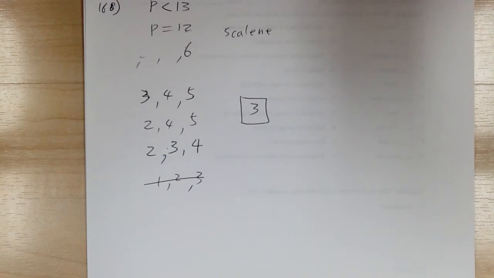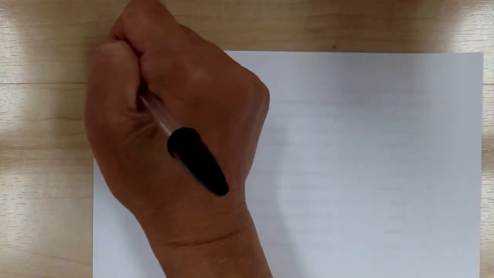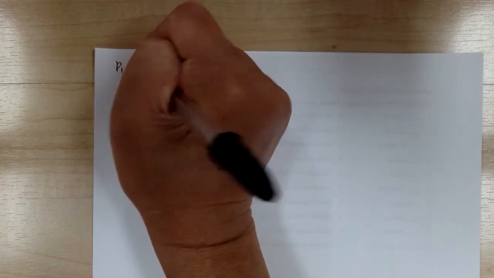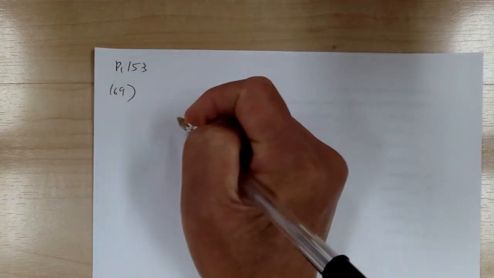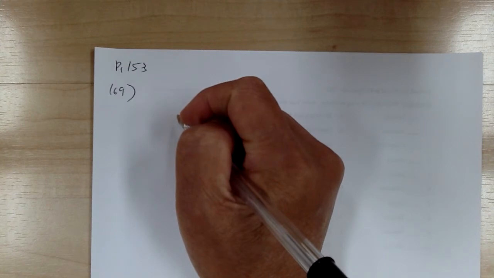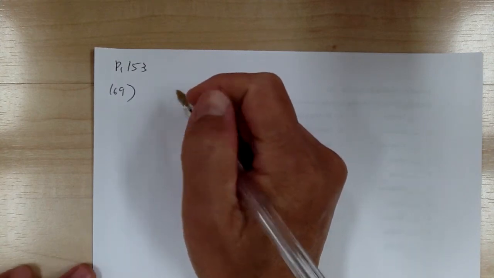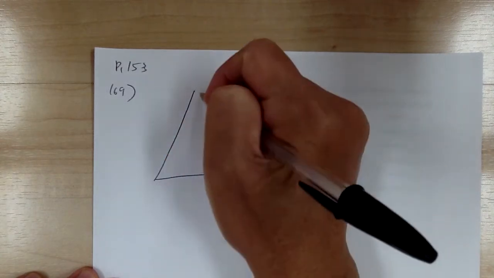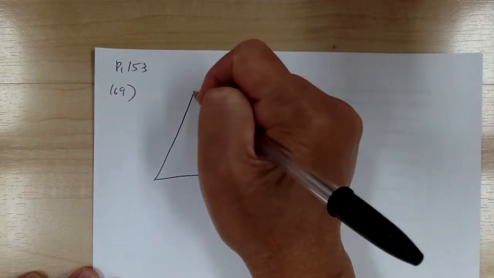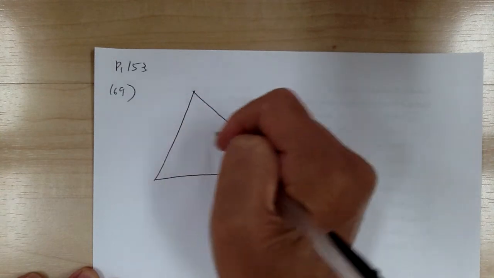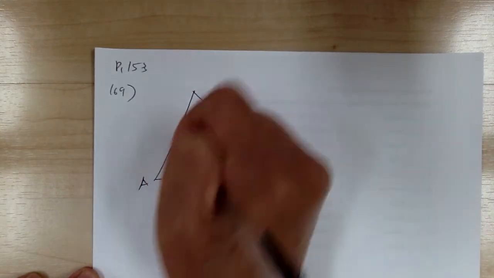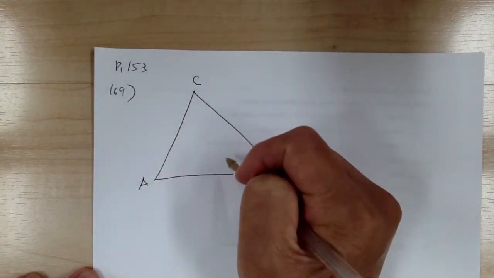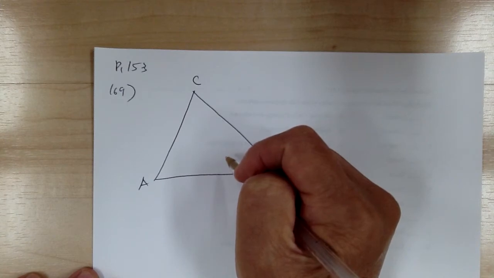Okay, let's go to 169. It says the sides of a triangle BAC are in a ratio of 2, 3, 4.